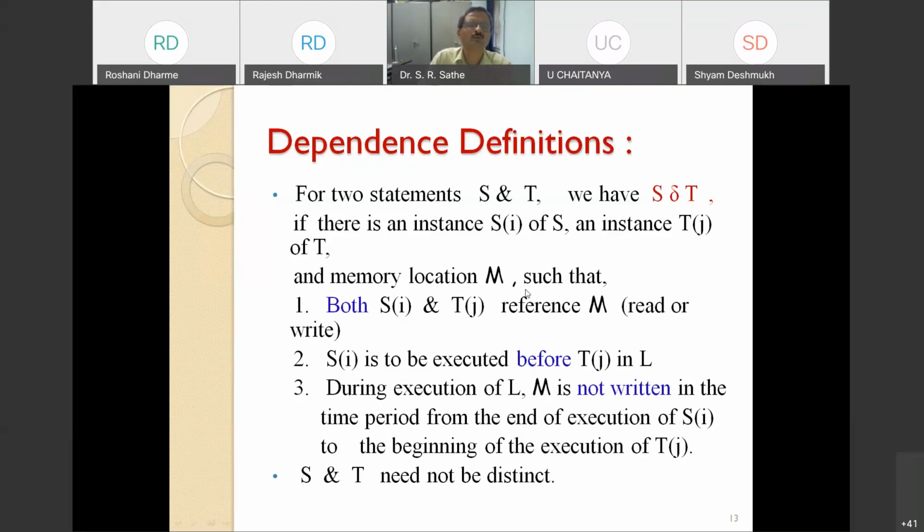Then S must execute before T. So Si is to be executed before Tj in the loop.